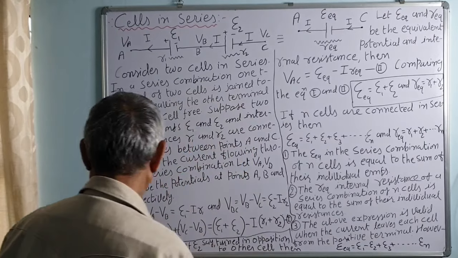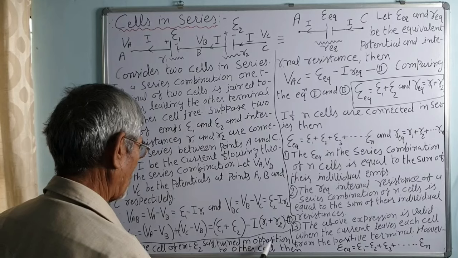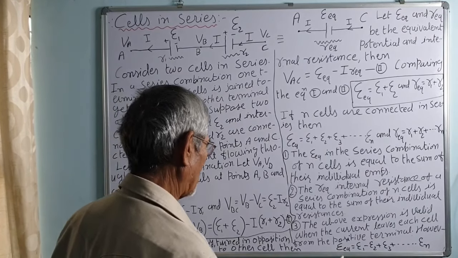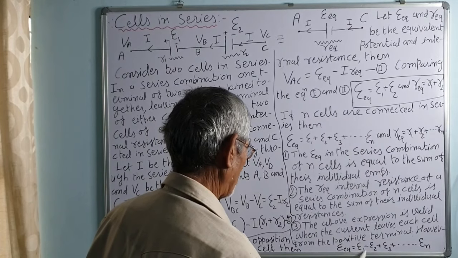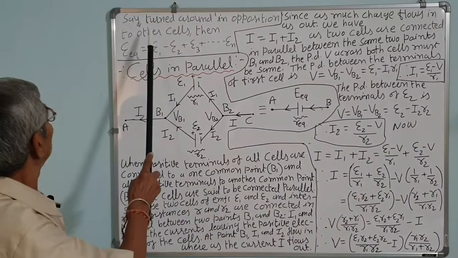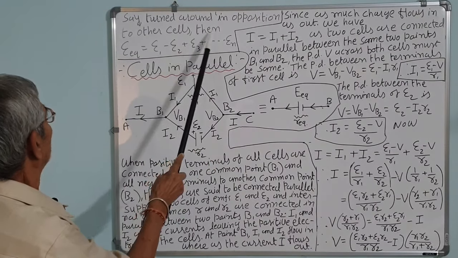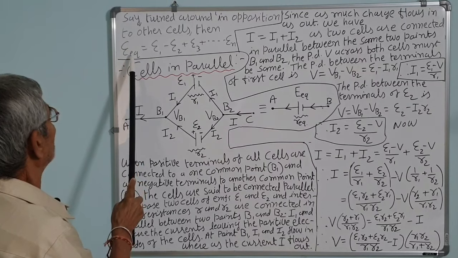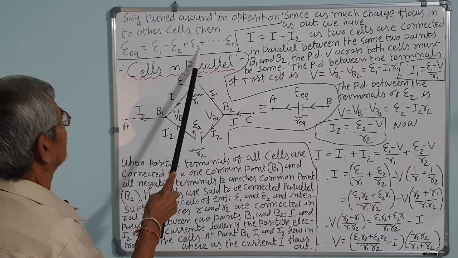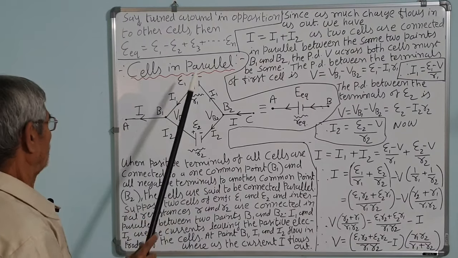However, if one cell of EMF E2, say, is turned around in opposition to the other cells, then the equivalent EMF is equal to E1 minus E2 plus E3 plus En.